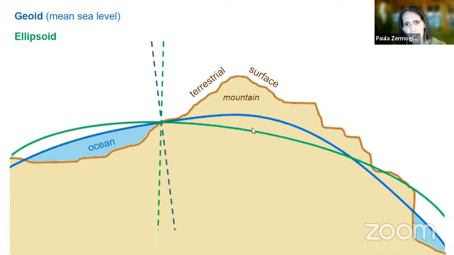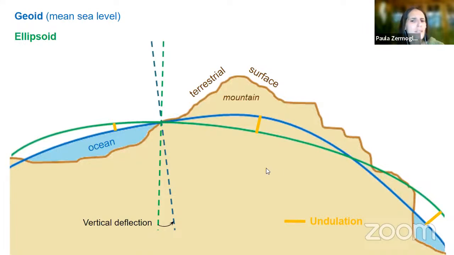So in green, we have here the ellipsoid, and we see that there are differences between the geoid and the ellipsoid. The difference in the angle when we plot the perpendiculars is called vertical deflection, and the undulation is that difference between the ellipsoid and the geoid.